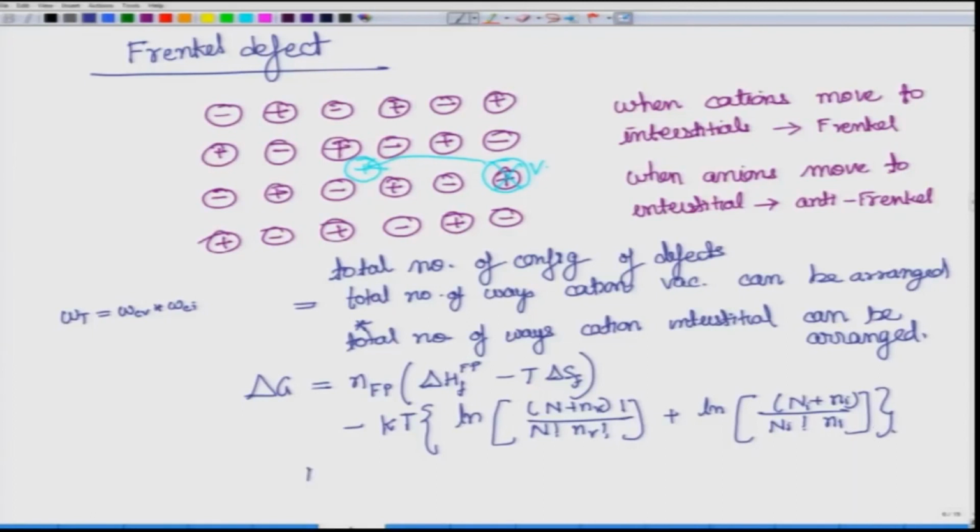What is N i here? Like I said earlier, N i is the number of interstitial sites, and N is the number of lattice sites.